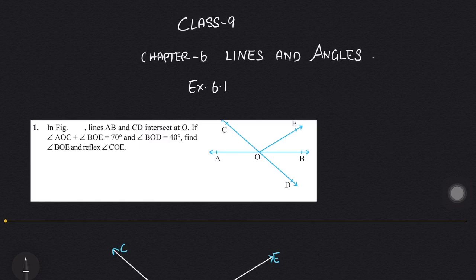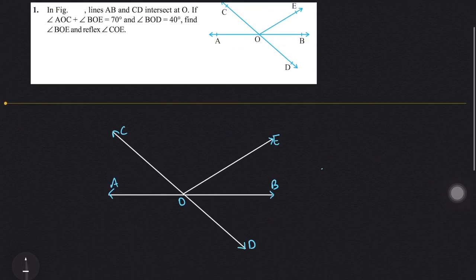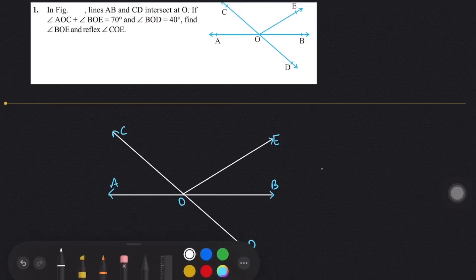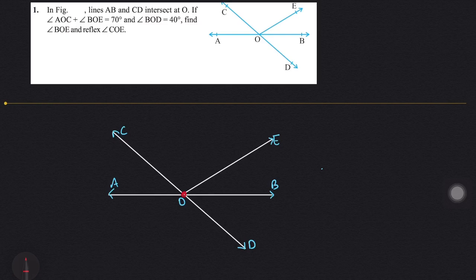Today we are going to discuss Chapter 6, Lines and Angles, Exercise 6.1. First question. In the figure, lines AB and CD intersect at O. So the intersecting point is this one.